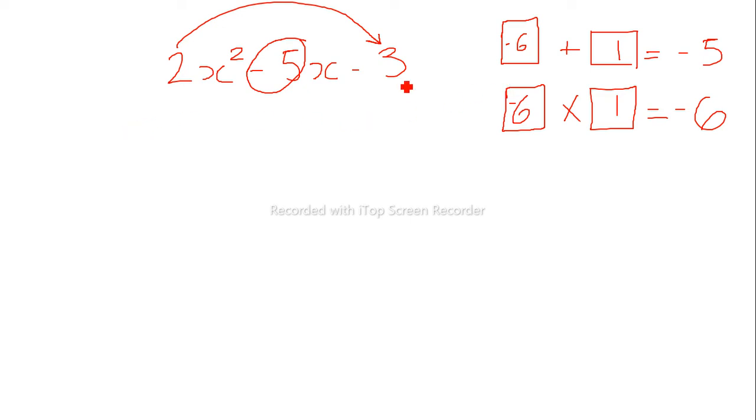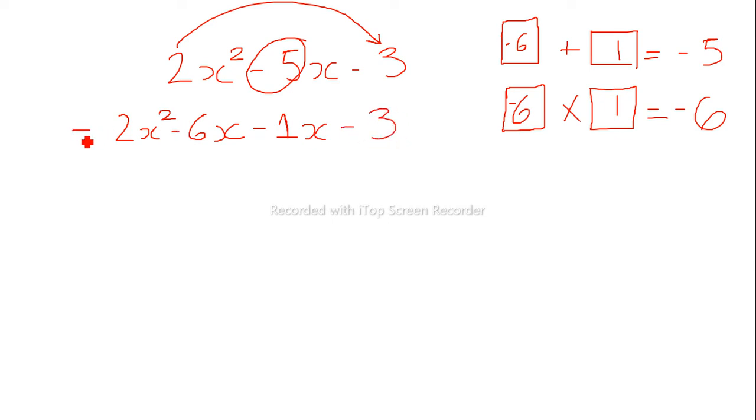Okay, so now let's break it apart. It's going to be 2x squared. You see this negative 5x, right? We could write that as negative 6x plus 1x, then minus 3.